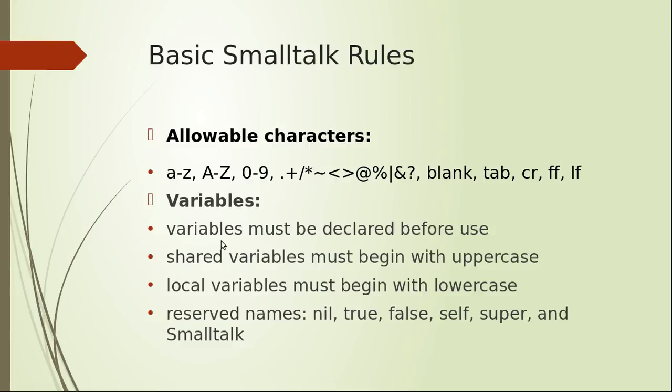Let's talk about the variables. Variables must be declared before use. A shared variable must begin with an uppercase letter. A local variable needs to be lowercase. The reserved words that you can't declare as variables are nil, true, false, self, super, and Smalltalk.